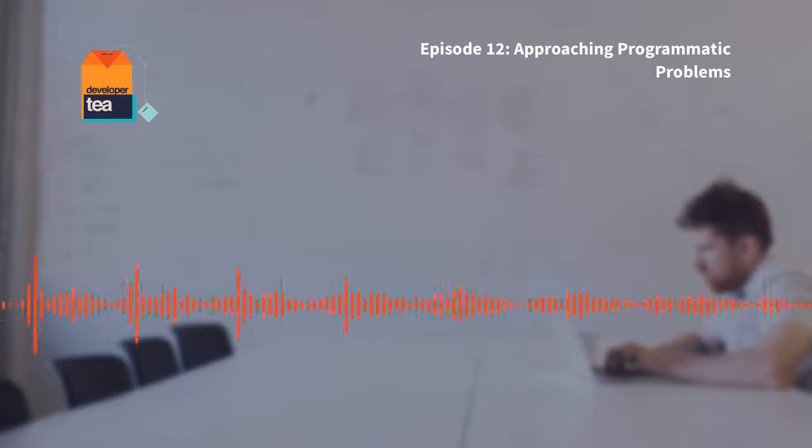So the final step here is to break down every single small piece between the input and the desired output. And this is very procedural thinking.